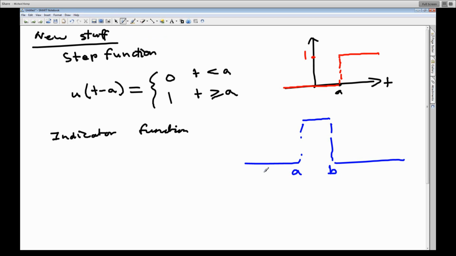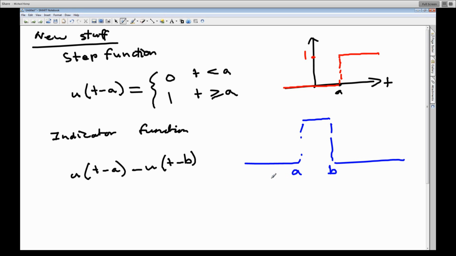That would be U of t minus A, so it's jumping up at A, and then it's jumping down at B. So by taking differences of step functions, you can turn things on just for a short period of time. So that's sort of where these things are useful.